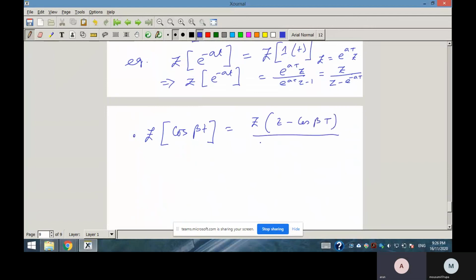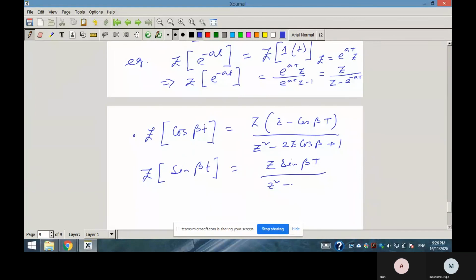Please try to derive it; in any standard book you will get all these things. And the Z transform of sine of beta t is equal to z sine beta T divided by z square minus 2z cos beta T plus 1.